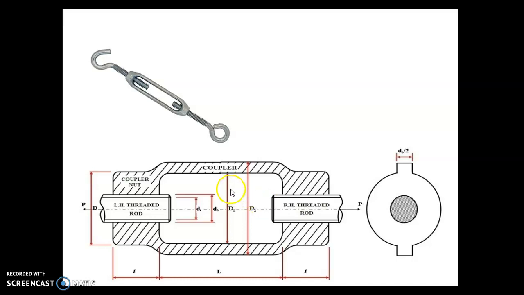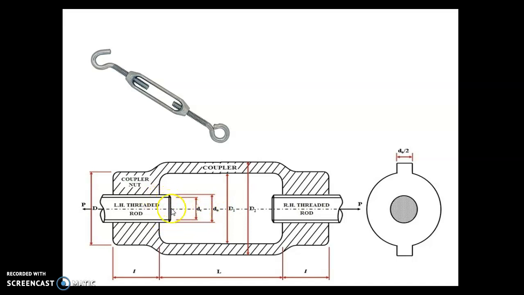Now see the various dimensions used in this diagram. The diameter of the rod is capital D. Force P is induced; this is a tensile force. Small dc is the core diameter of this tie rod thread. DO is the outside diameter of the tie rod. This rod is known as the tie rod.